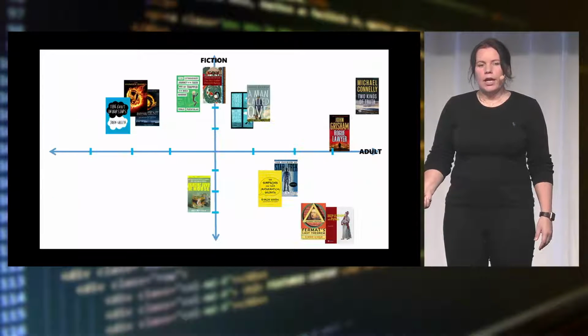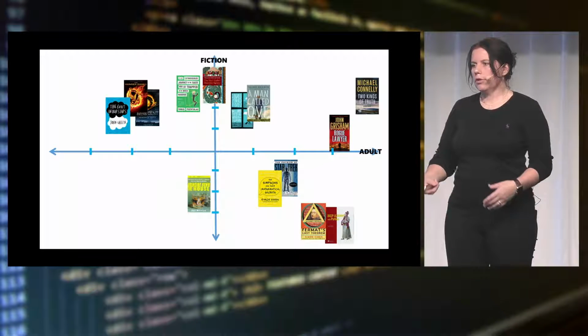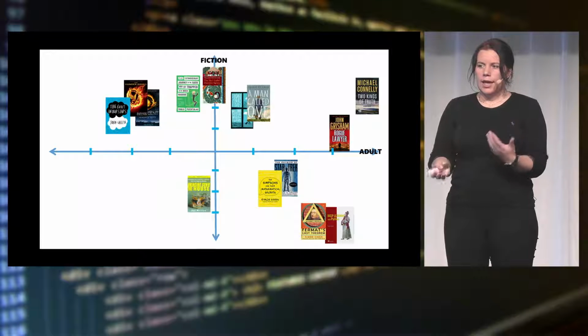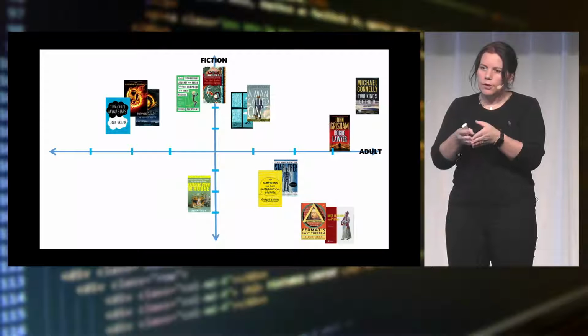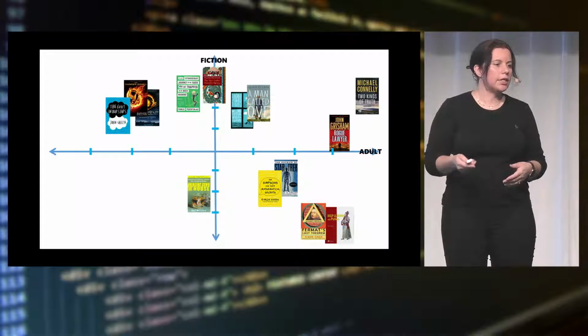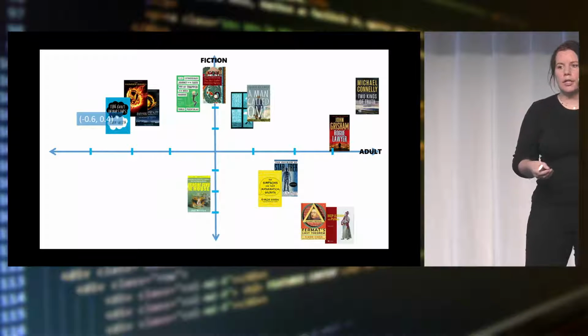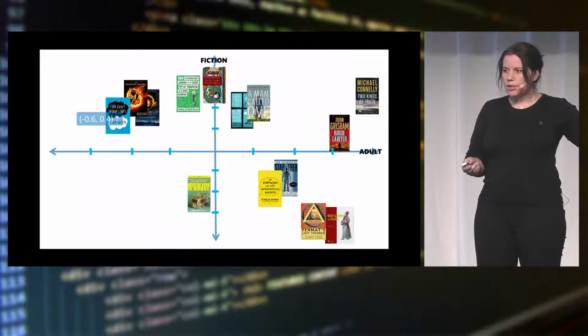I can go in and add a few more dimensions. Maybe some of them are fiction and some of them are not fiction. And now I've given them an embedding, which is a more semantic meaning. My embedding is now basically, in the coordinate system, how adult it is or how much fiction it is.